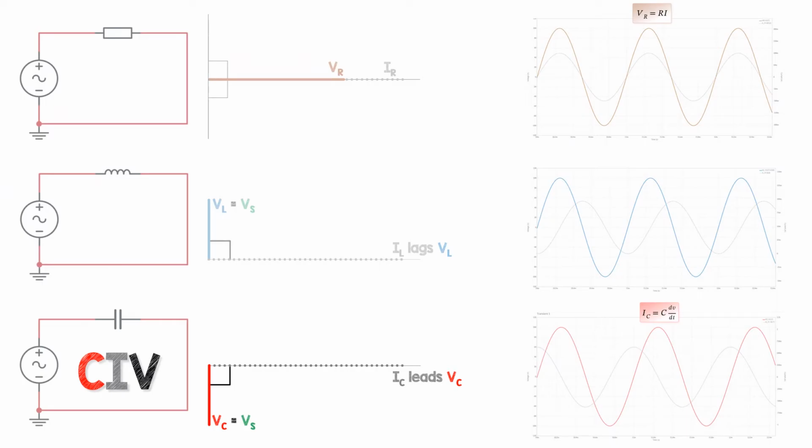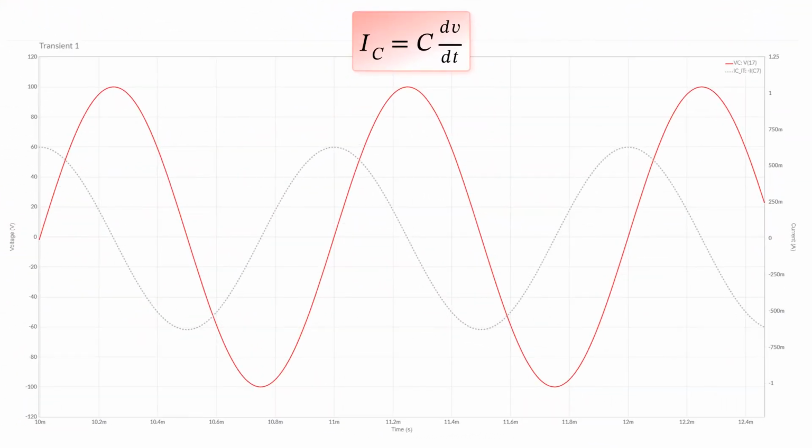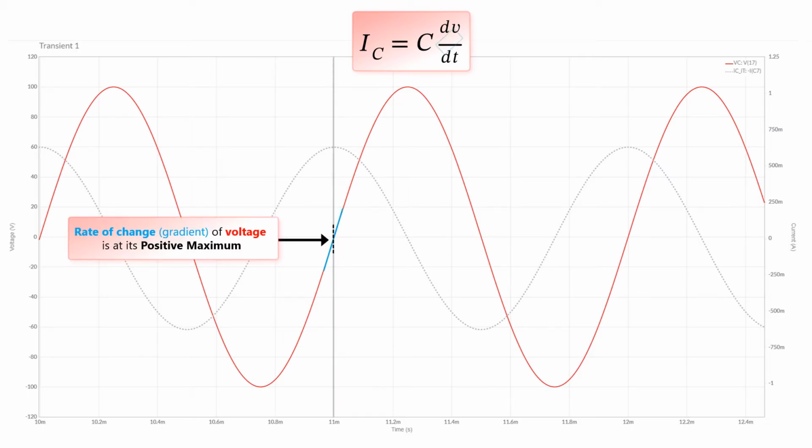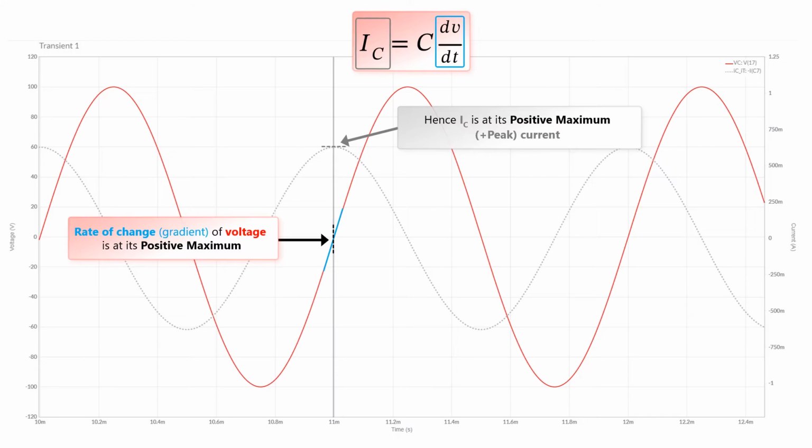For a capacitor, we know that the current leads the voltage. And that is because the capacitor current is equal to the capacitance times the rate of change of voltage. Not the voltage itself, but the gradient of voltage. When dV/dt is at its maximum positive slope, the capacitor current is at its maximum value.